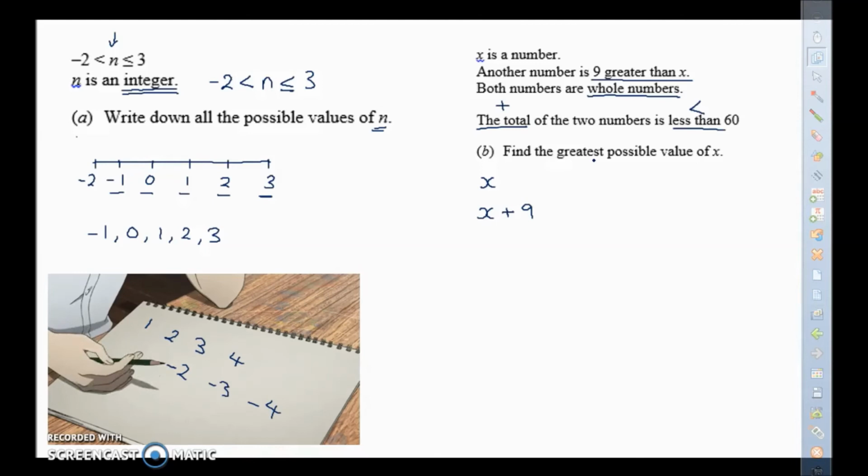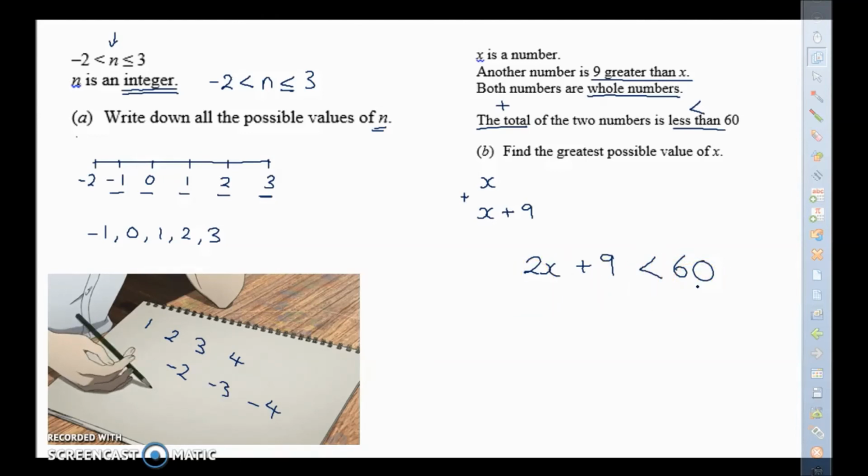So it says the total of the two numbers is less than 60. So it's going to be less than 60. The total of the two numbers goes here, which means add them up. So add these together, x plus x is 2x, plus the numbers, which is just plus 9.